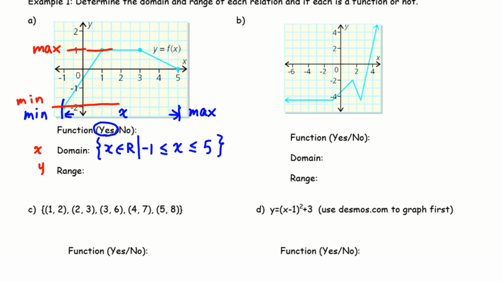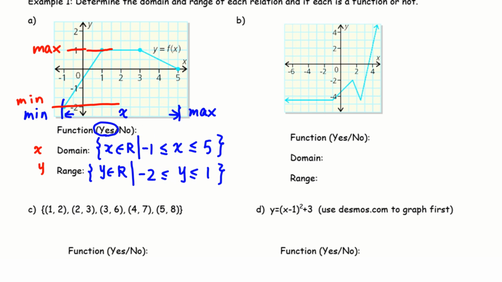Then we could write it as y belongs to all real numbers such that minimum is -2 and the maximum is 1. We put y between them. And because it's solid dot, so less than or equal to, then this is a domain and the range for this graph.